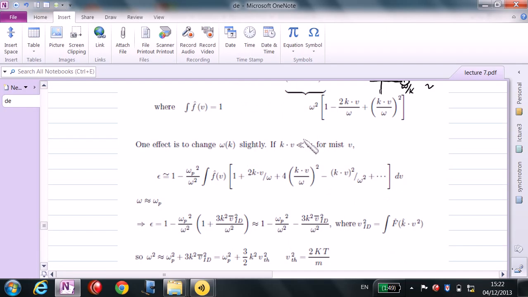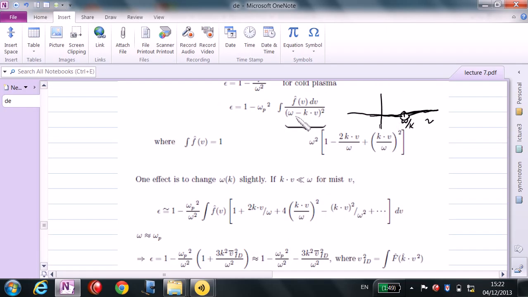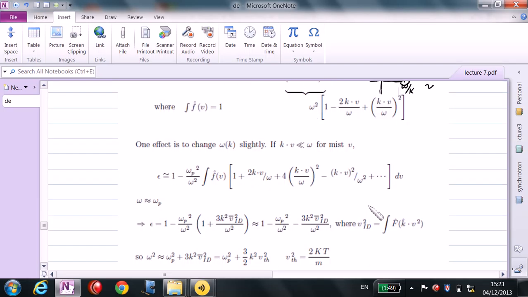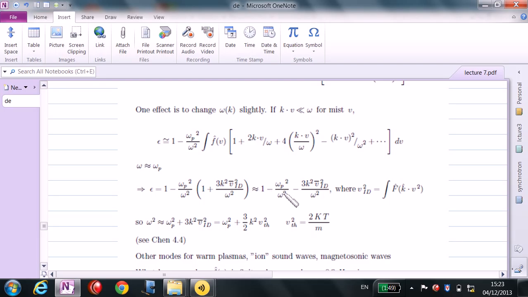Here, let's say there are very few particles at velocity equals omega over k, then I would just do a Taylor expansion of the denominator and the numerator, and I'd get the cold plasma contribution, and the next term would be k squared v squared over omega squared.